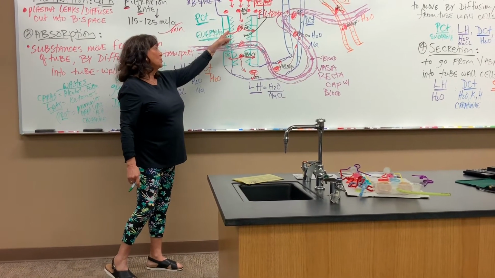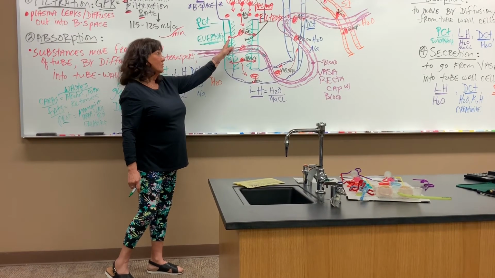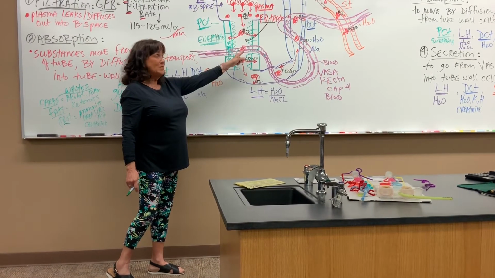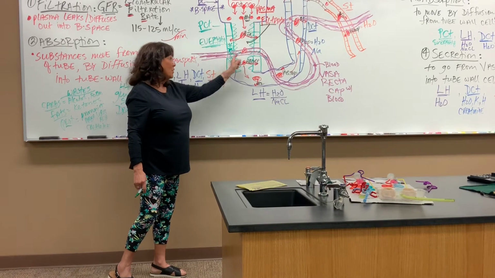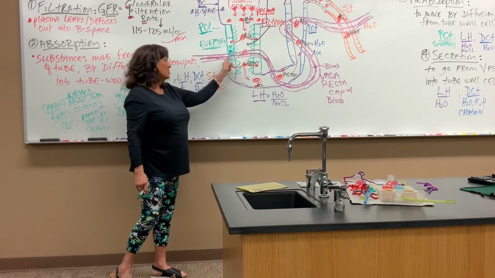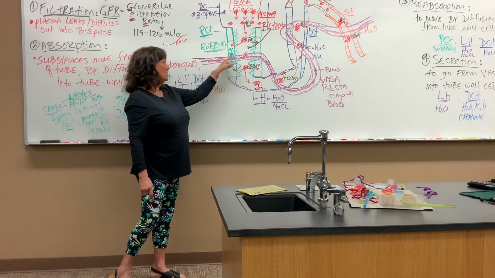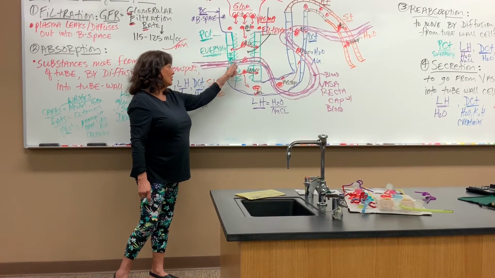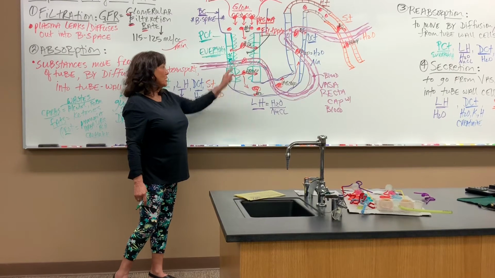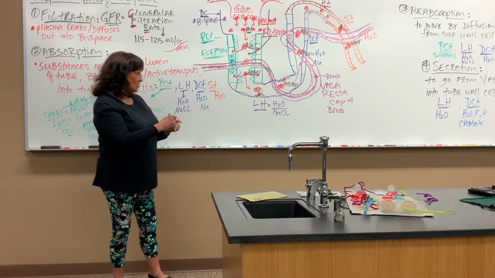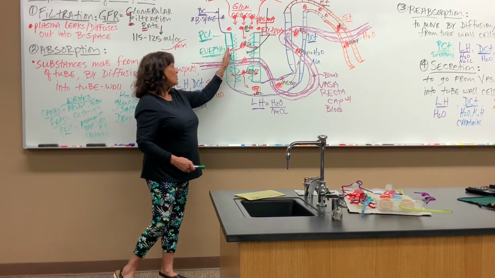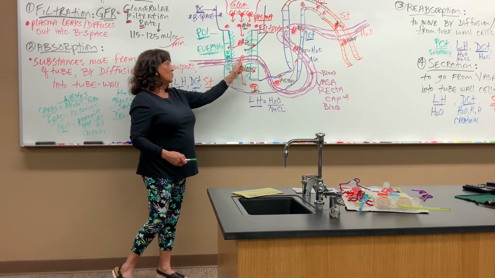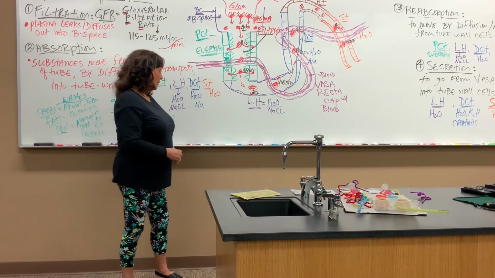If you absorbed a whole hunk of bacteria into these cells, you could reinfect yourself by putting that bacteria back into your bloodstream, into the VR. If you took in a lot of glucose, blood sugar, you're going to put that blood sugar right back in. So whatever you absorbed, you essentially can reabsorb right back into that capillary.